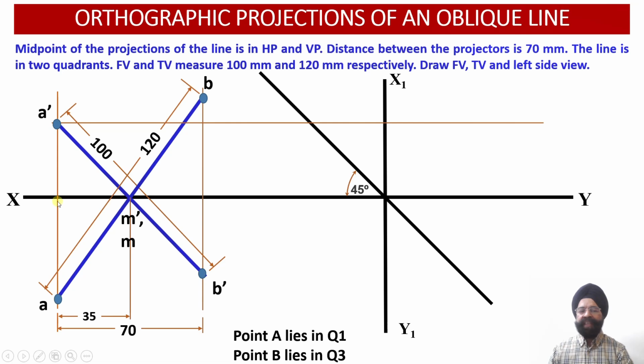Now, whatever is the distance of the point A from the vertical plane, this happens to be the distance of the point A in plan from the vertical plane. So this distance from the top view needs to be transferred onto the side view or profile view projection over here. So from this point A, we are going to draw another horizontal locus line which is going to define the distance of the point A from the vertical plane.